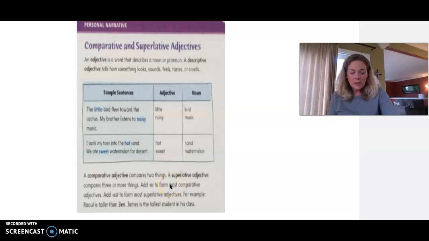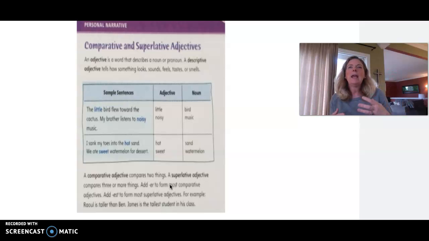So when we use adjectives to compare our nouns, if we have two things, just two, that we're comparing, usually what we do is just add er. And one of the easiest ways to describe this and give you an example is if you're talking about people being tall.